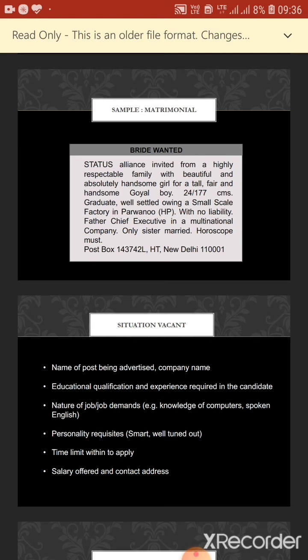Now, alliance invited from a highly respectable family with a beautiful and absolutely handsome girl for a tall, fair and handsome Goel boy, 24, 177 centimeters. 24 is the age, and 177 is the height.